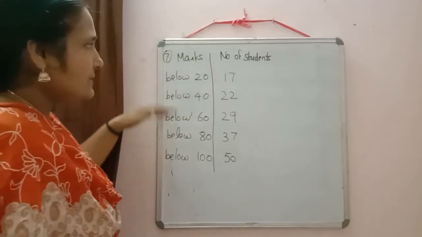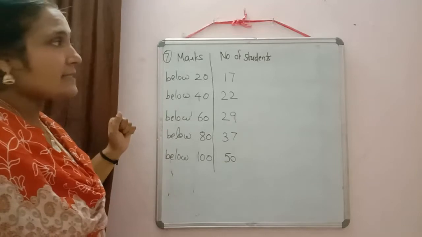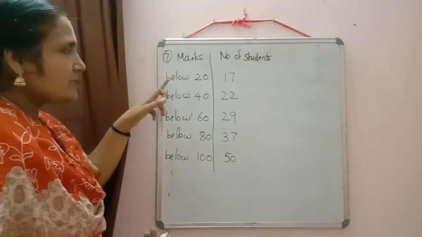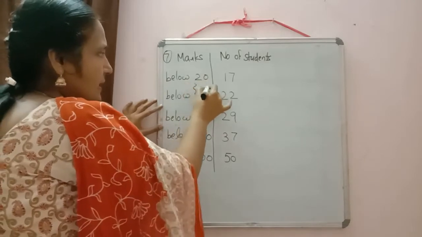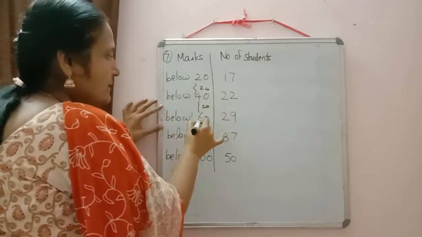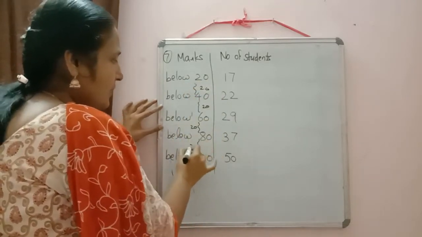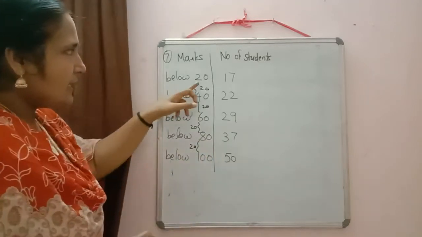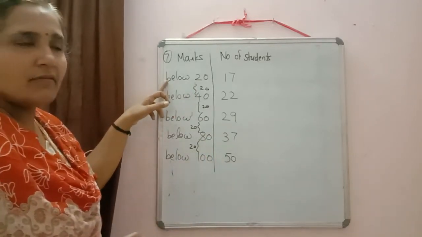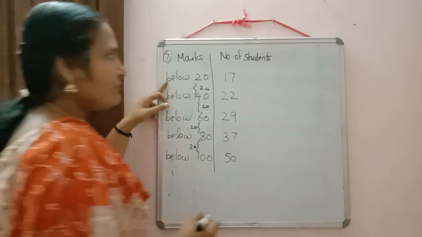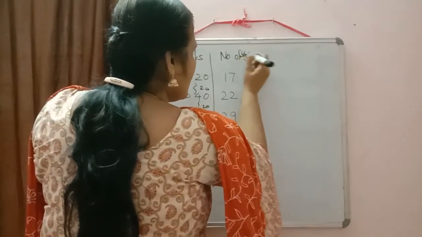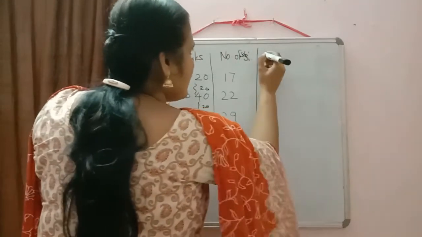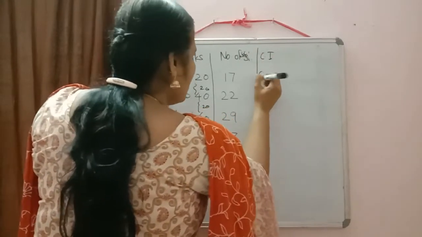So now we will check how we will convert it into class intervals. Just check below 20 and below 40, and check the difference there. The difference is of 20. So our class size also should be equal to 20 only. So 20 minus 0 will give you 20. So our first class interval, I am going to write 0 to 20.